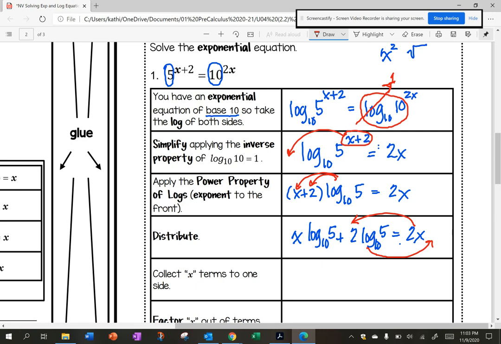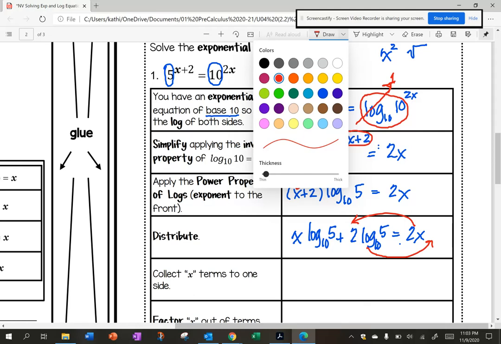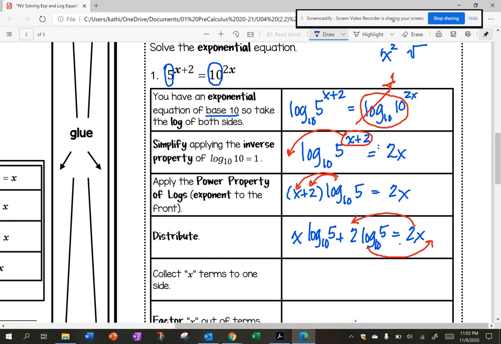So this is x log base 10 of 5 minus 2x equals negative 2 log base 10 of 5.